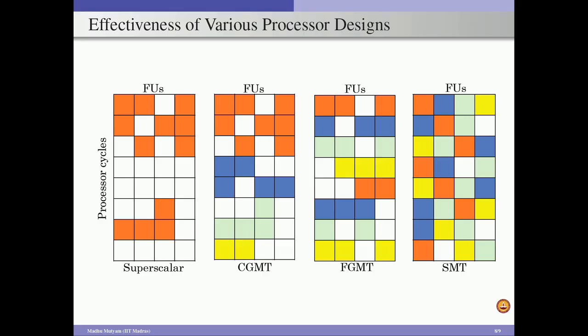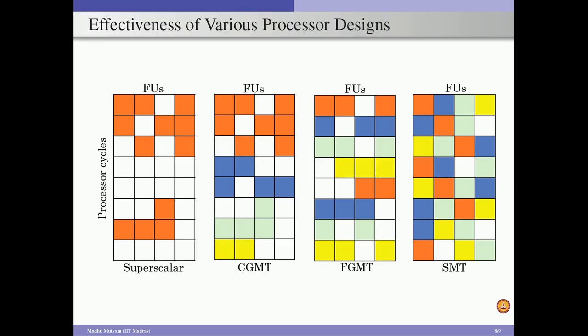In order to further improve the overall performance, we can go for fine-grained multithreading, where switching happens at every cycle. We fetch instructions from one thread in cycle 1, then switch to a second thread and issue instructions from the second thread, and continue this process.